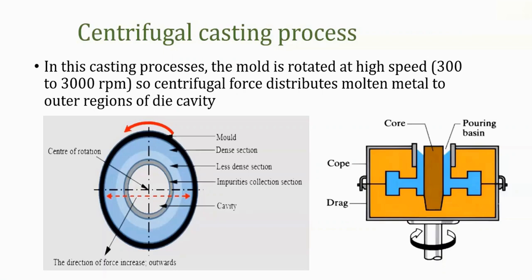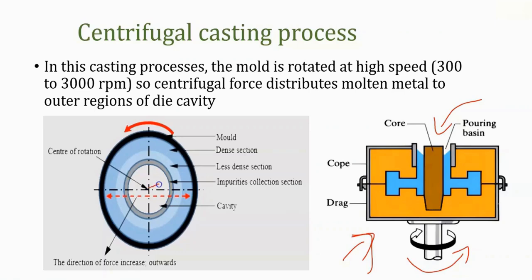So let us see this mold, where you can see some molding arrangements where you will pour your molten material and allow this mold to rotate at 300 to 3000 rpm. Once we rotate this mold, there will be a development of centrifugal force.